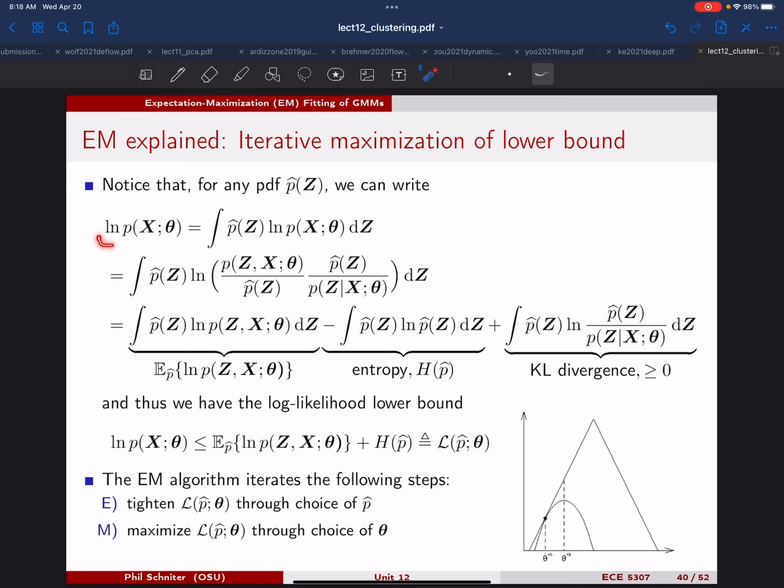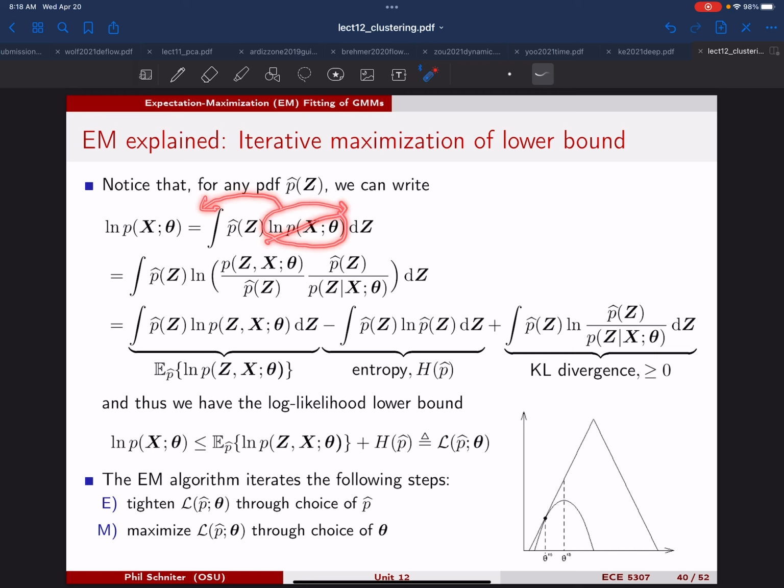So we can start with our log likelihood. This is just a plain old log likelihood, and we can write it like this. This might be a weird way of writing it because we have an integral over z, but this quantity, the likelihood, has nothing to do with z, so you can pull it out. And when you look at what remains in the integral, you're just integrating a density p hat over z, which you know integrates to 1, right?